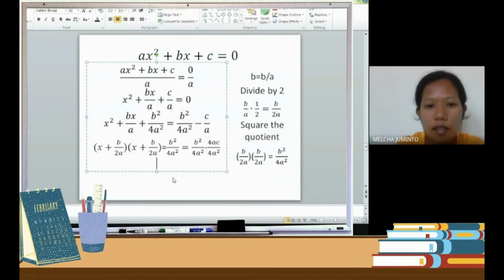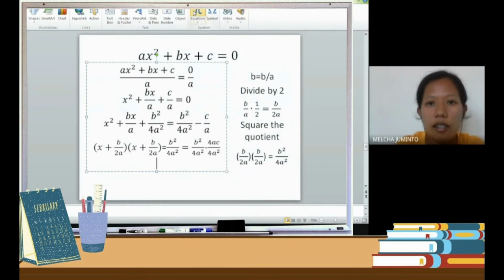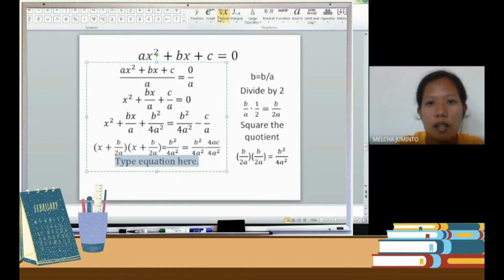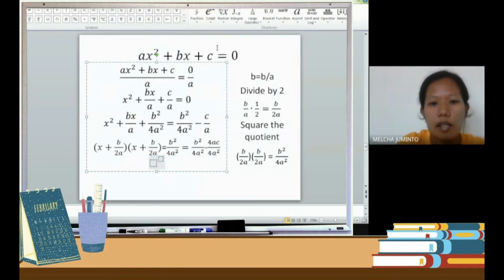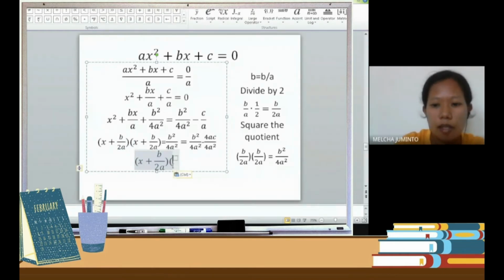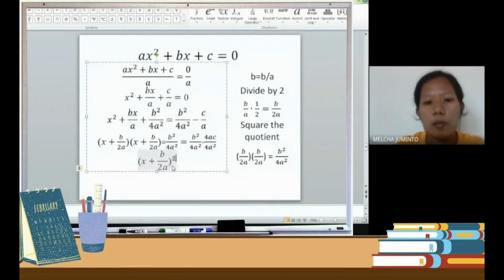So the left side can be written as a square of binomial x plus b over 2a squared.